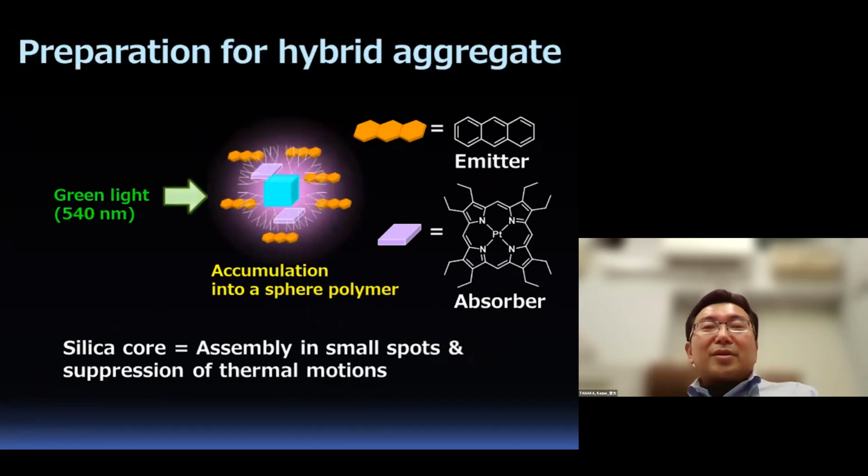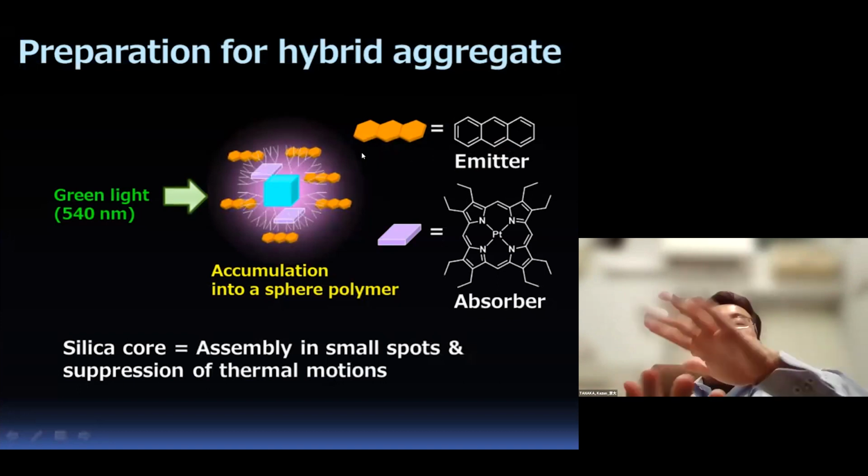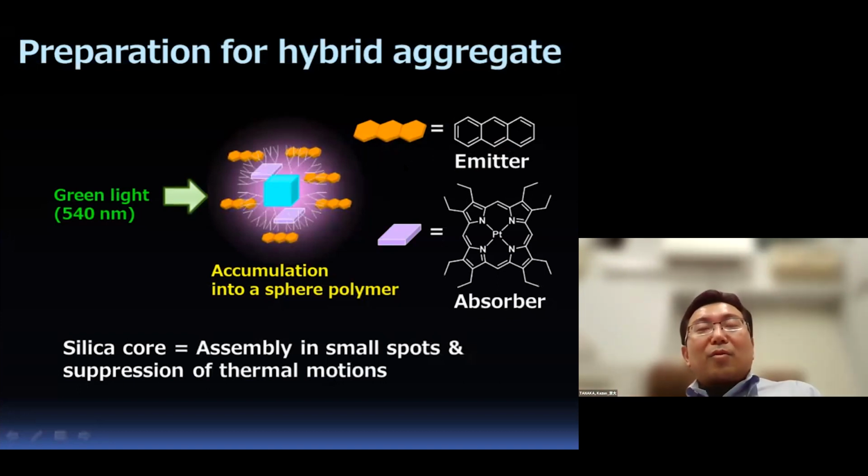Generally, in OLED, the emitter and other molecules should be condensed. And of course, in the solution state, it is difficult to obtain such an aggregated state, especially in the biomimetic condition.